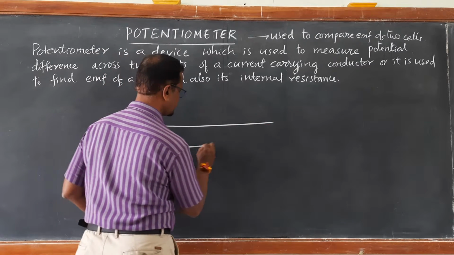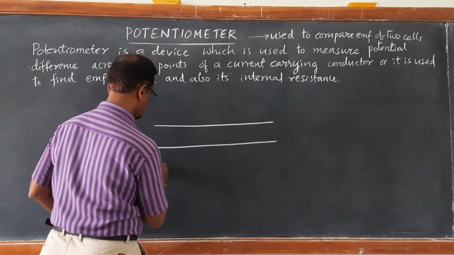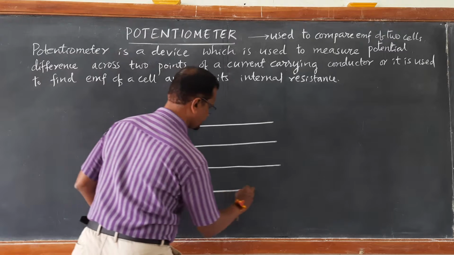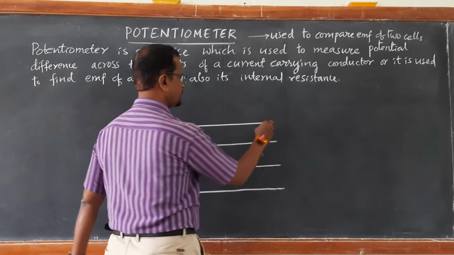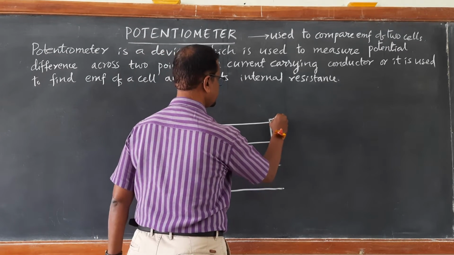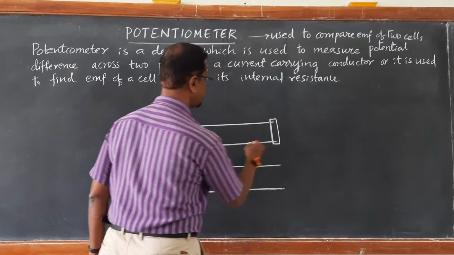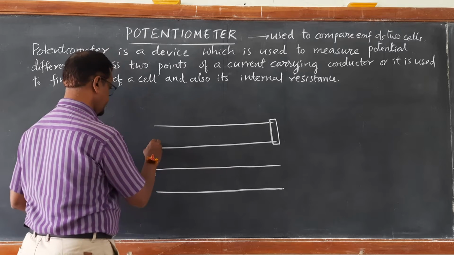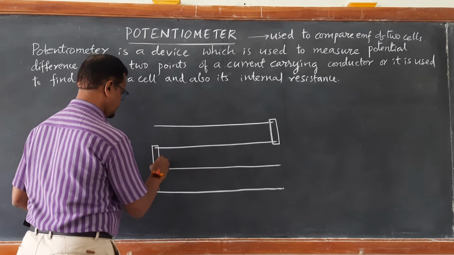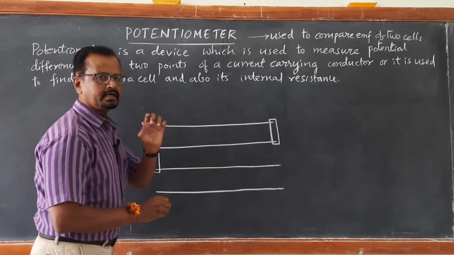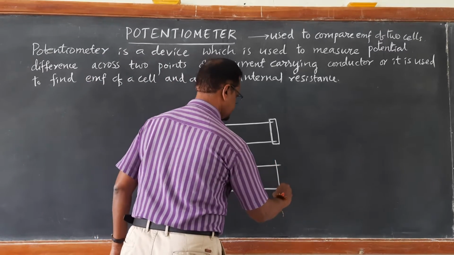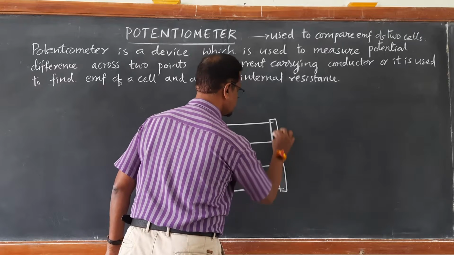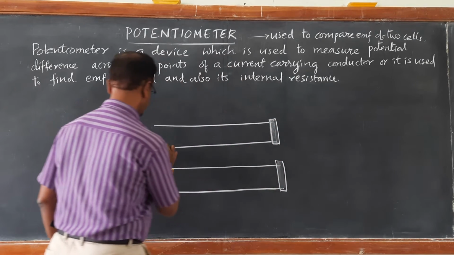So it will have such 4 segments, so that the total length of the wire becomes 4 meter, and they will be joined here end to end, side by side. If it is joined here, next it will be joined here side by side with the help of thick metal strips. These are metal strips.